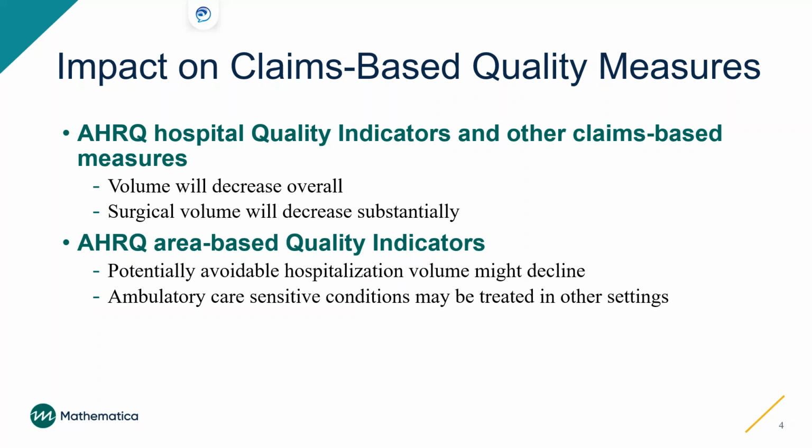On the AHRQ area-based quality indicators, the prevention quality indicators really make their way into a lot of the measures that are used. They serve as the backbone for NCQA measures and other measures that were adapted for different populations and might be used for population health measurement or ACO reporting. Again, as Srinivas just mentioned, volume is most likely going to decline, or the coding is going to show up different.